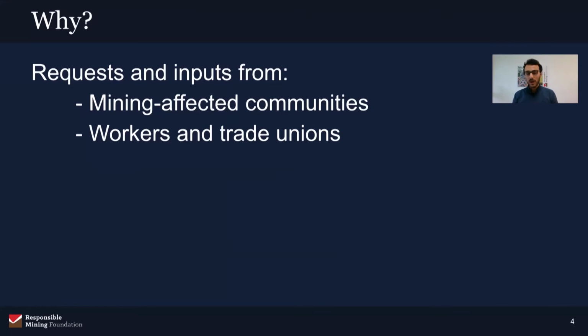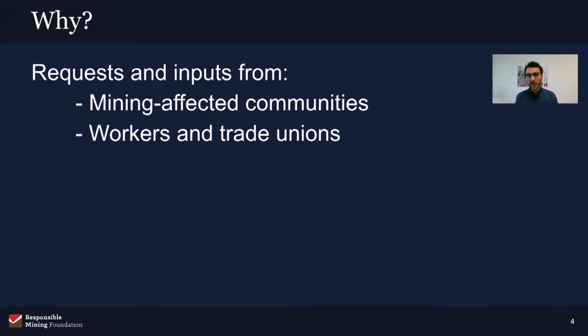And why did we develop this Mindsight assessment tool? Well, the Responsible Mining Foundation, as an independent research organization, had been working for a number of years on assessing mining companies of different sizes on their economic, environmental, social, governance, performance, impacts, good practices.